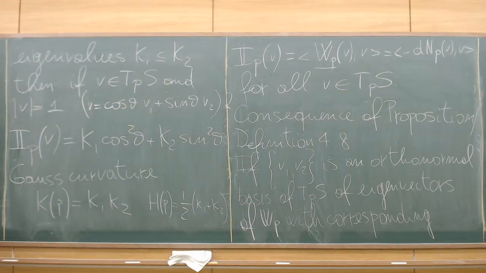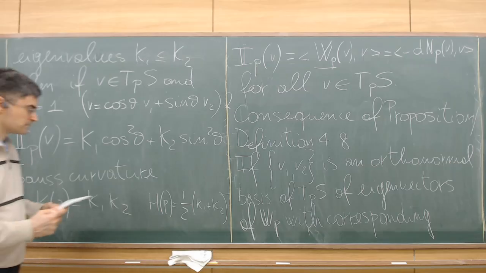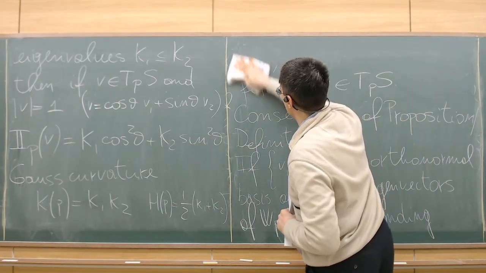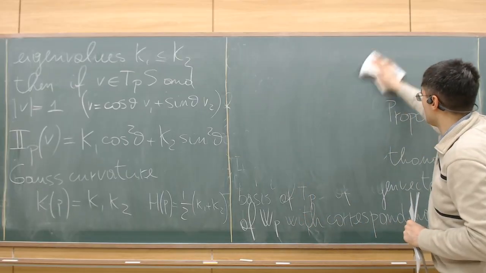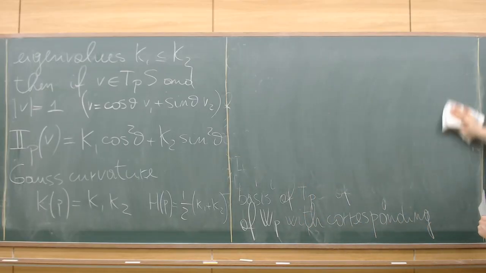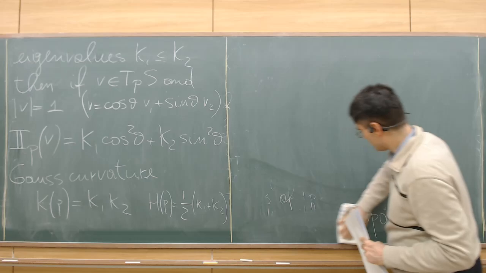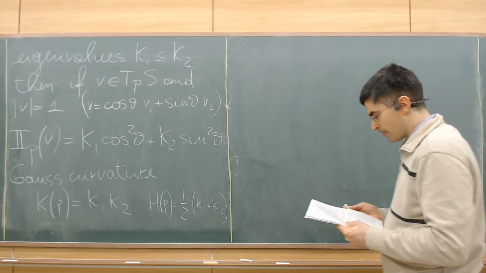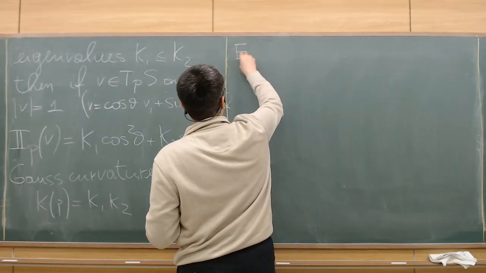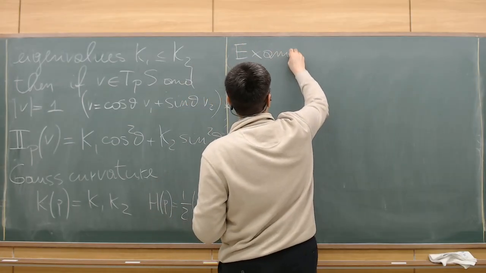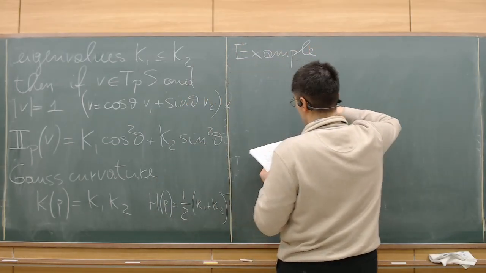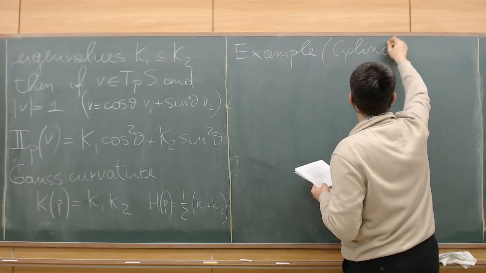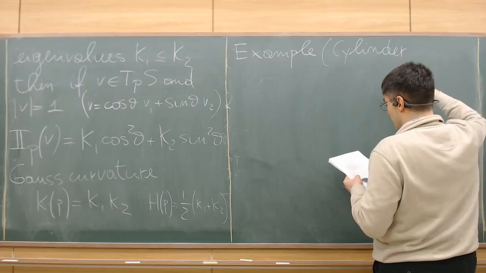Let's present one example. It is the example of a cylinder of radius r.